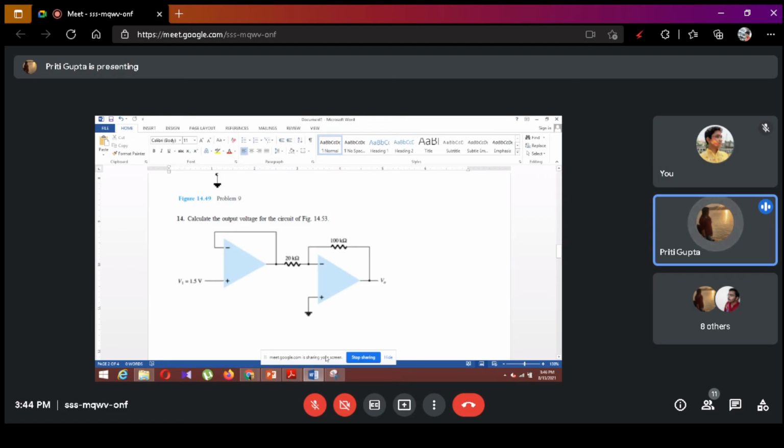This is 1.5 volt. This is 20 kilo ohm. This is 100 kilo ohm. Okay. This one is simply voltage follower. Feedback আছে but কিছু elements নেই.